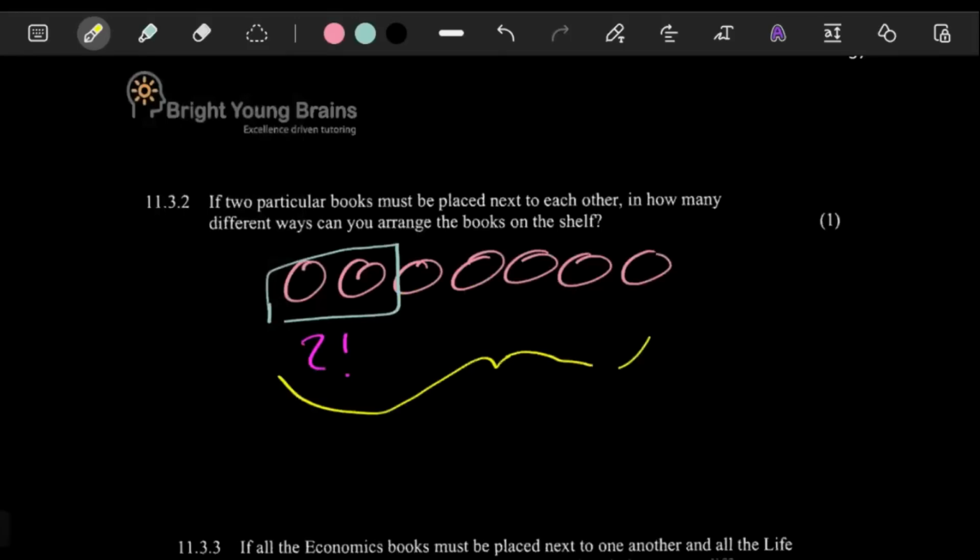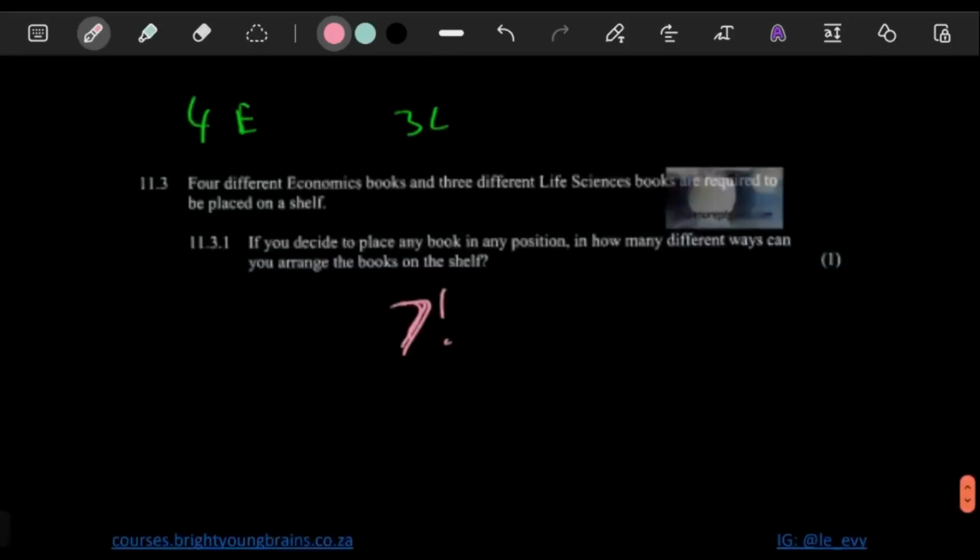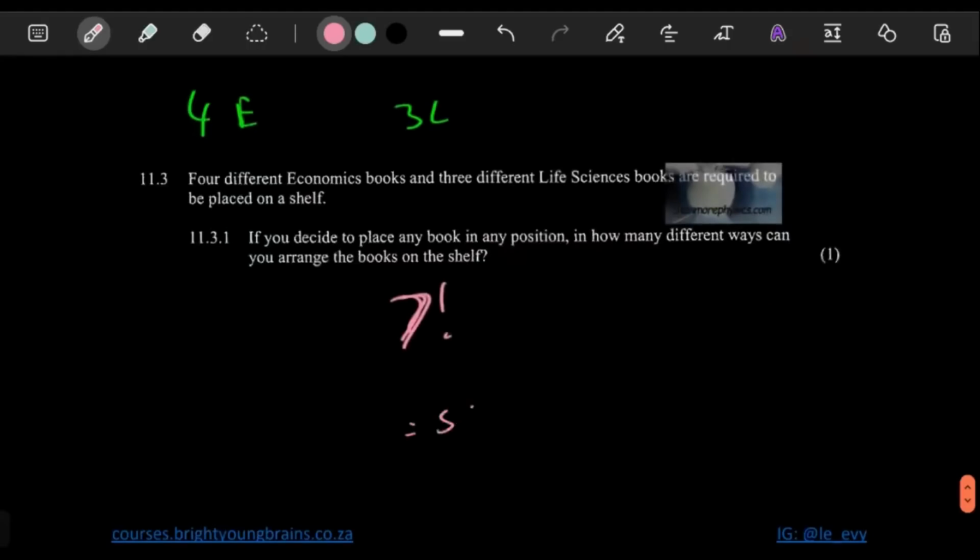These 6 objects can be arranged in 6 factorial ways. So your answer is going to be 6 factorial times 2 factorial. Let's see what we are getting here. This is giving us 1,440. The previous answer in the calculator is giving us 5,040.